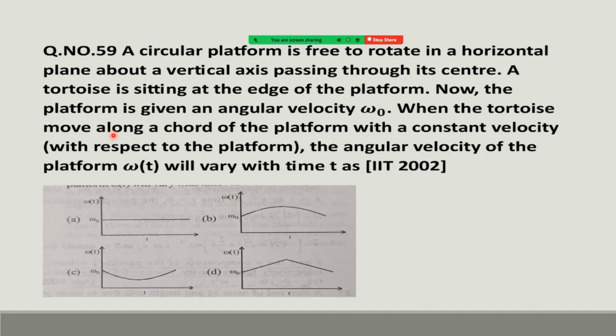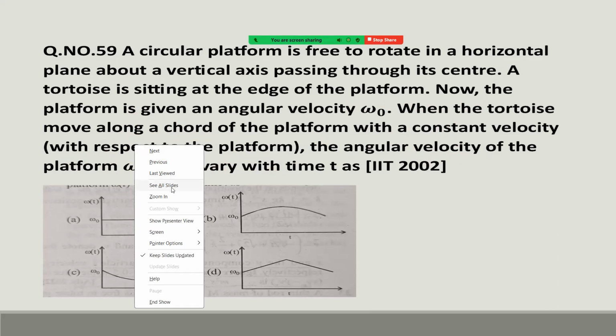When the tortoise moves along a chord of the platform with a constant velocity with respect to the platform, the angular velocity of the platform will vary with time as? So we have to get the relation for omega as a function of time.